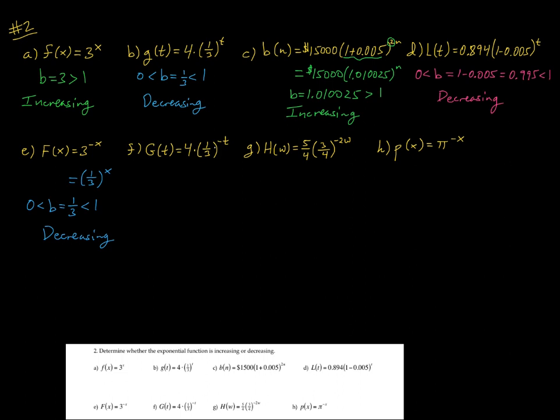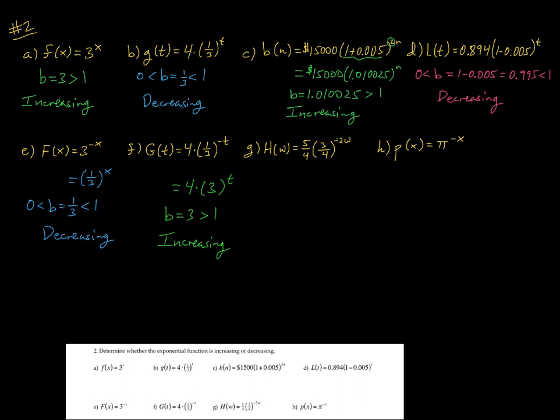So this negative in the exponent is telling you to take the reciprocal of 1/3. So in other words, you're going to do 3 now, and you're going to raise that to the t. So our base b is 3, which is larger than 1. That's an increasing exponential function. For part G, we have 5/4 times 3/4 to the minus 2w.